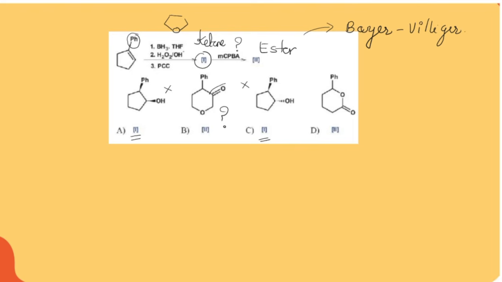That means this is a ketone and this is an ether. I'm not even writing any reactions here. Just by identifying the groups, I'm going to find out the answer. So this cannot be the answer. So what is 2 now? 2 is an ester. So go ahead with option D. This is how you can solve the question without writing any products.